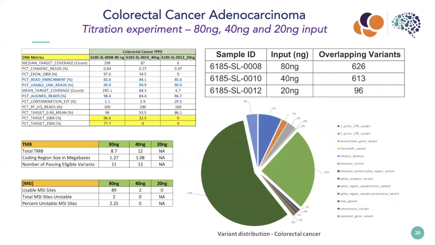Now, if we begin looking at the colorectal cancer adenocarcinoma, again, a titration experiment of 80, 40, and 20 nanograms input, and then start asking what are the changes in variant resolution, and that's indicated on the right-hand side of the slide under the overlapping variants column header. So what this means is, with 80 nanograms of input, there were 626 variants detected in that sample.